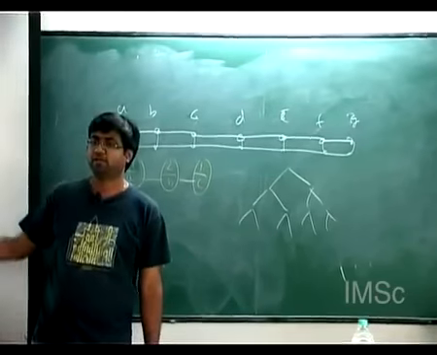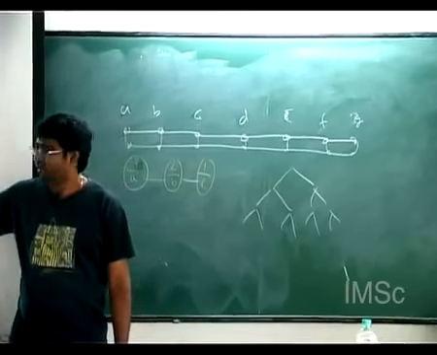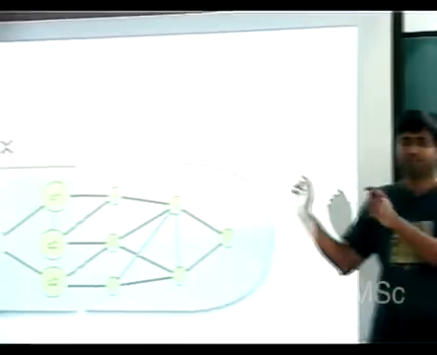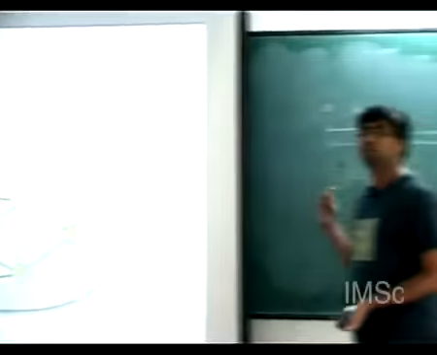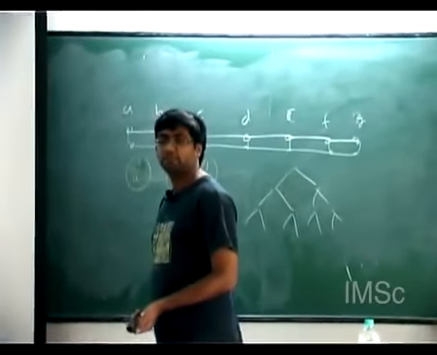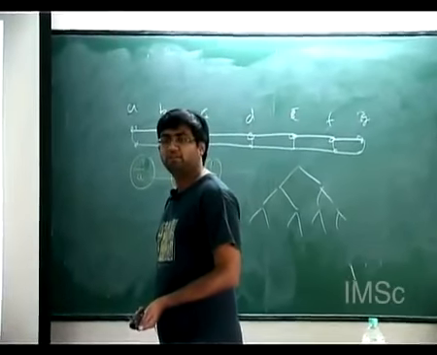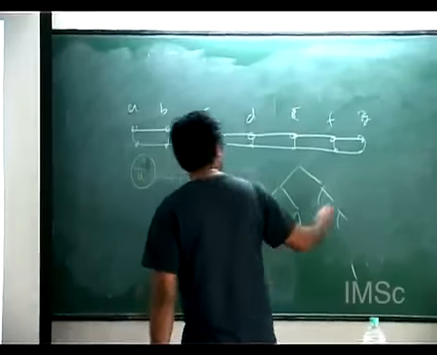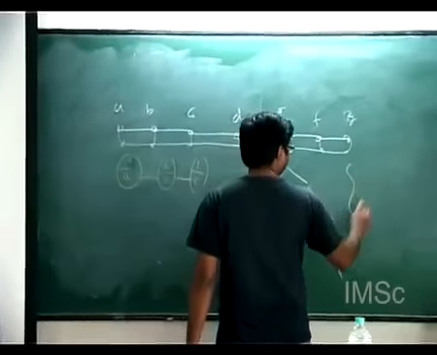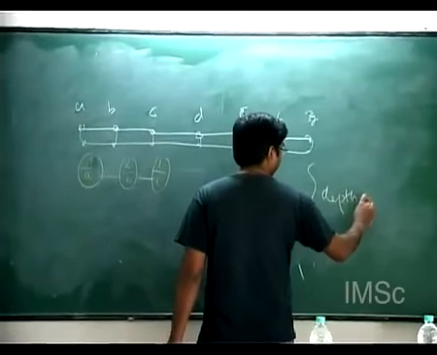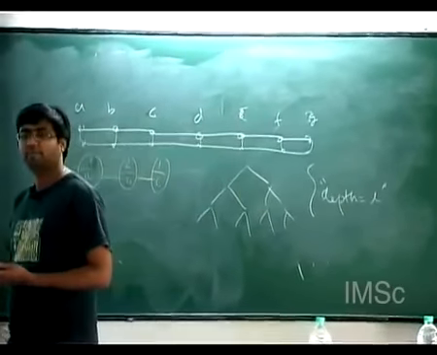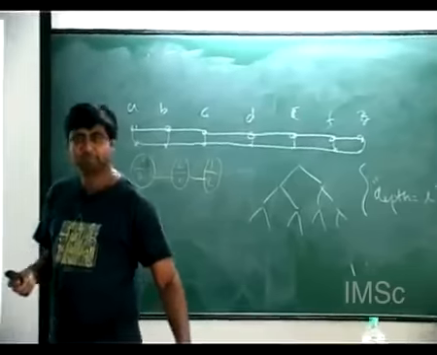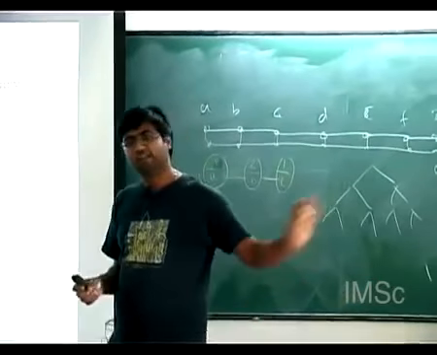Try to construct this graph by using these label operations, and see how many labels you need. And then try to see, if you have a binary tree with depth L, how many labels do you need? Just for curiosity.